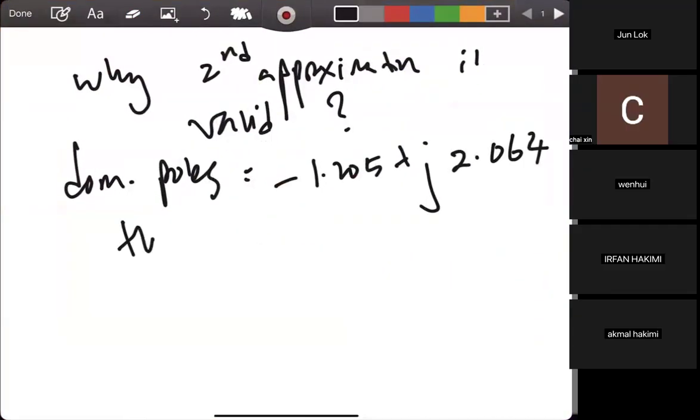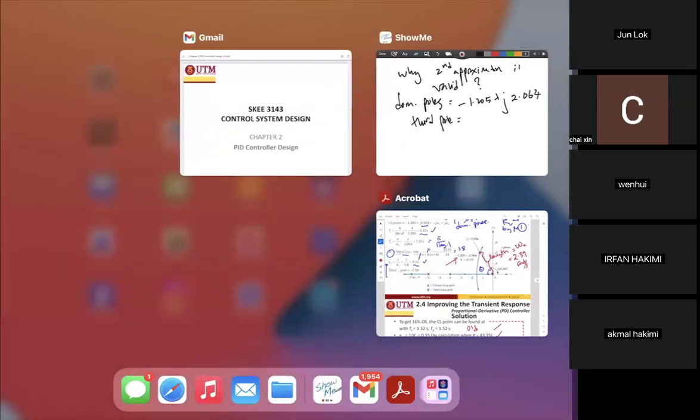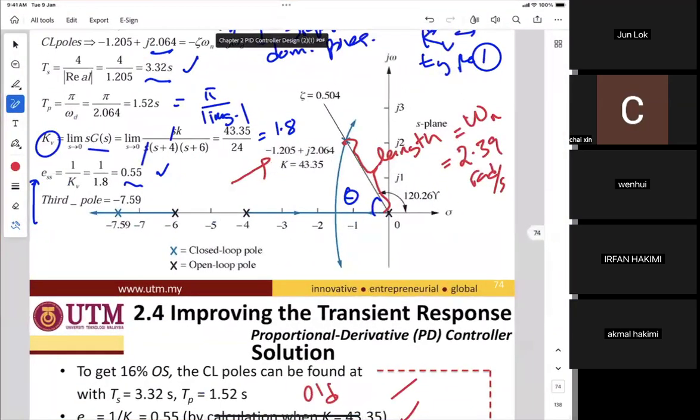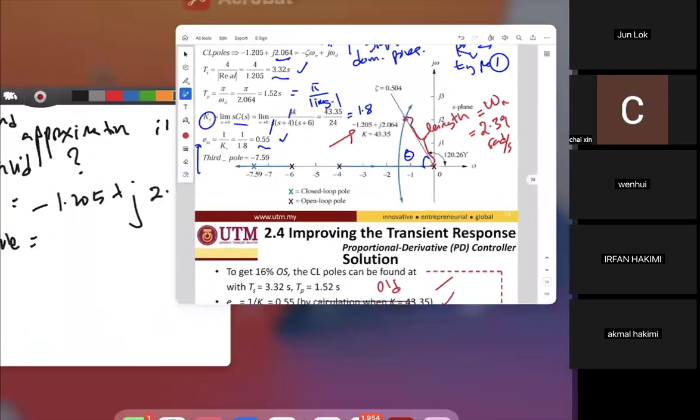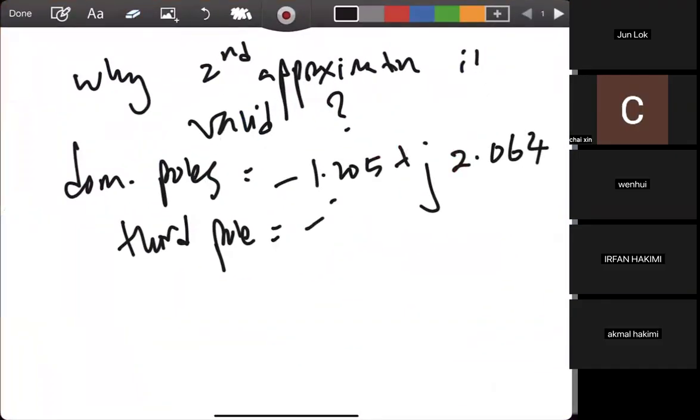Third pole? Negative 7.59. So, why is it valid?